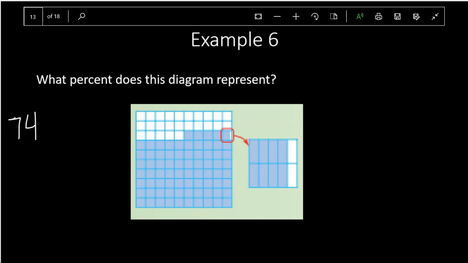They've separated it into 10 spots, and they shaded in 8 of them. So you could write that as 74 and 8/10 of a percent, or you can even reduce that into lowest terms. So it would be 74, and then I would divide the numerator and denominator by 2. So 74 and 4/5 of a percent.